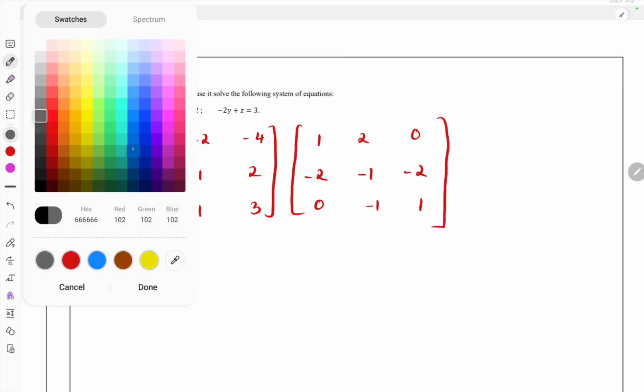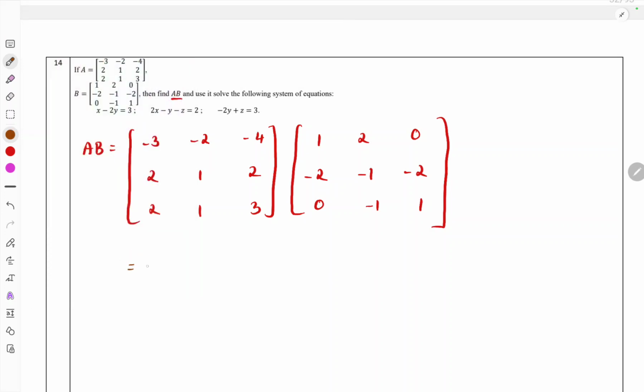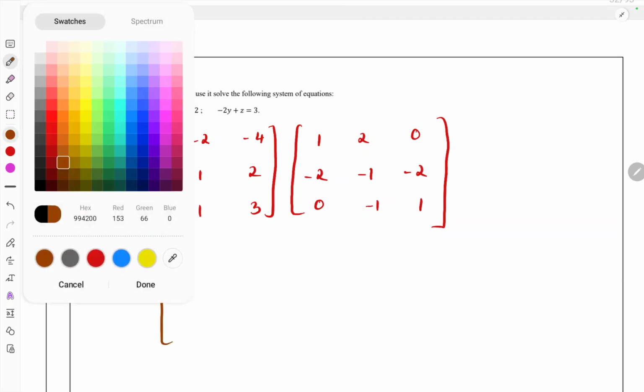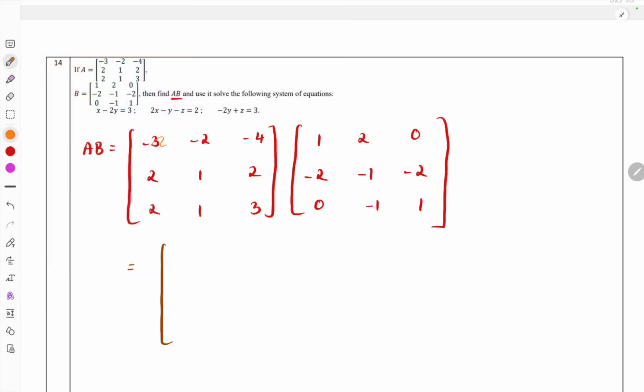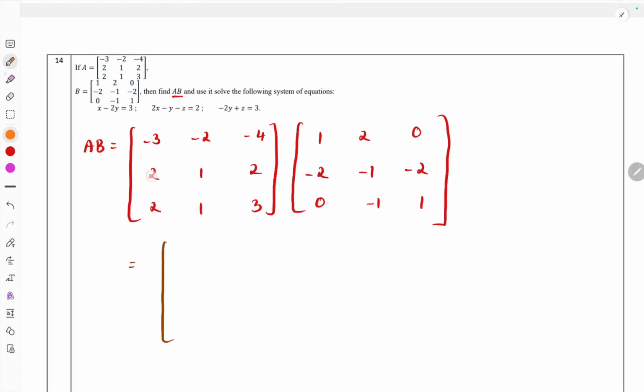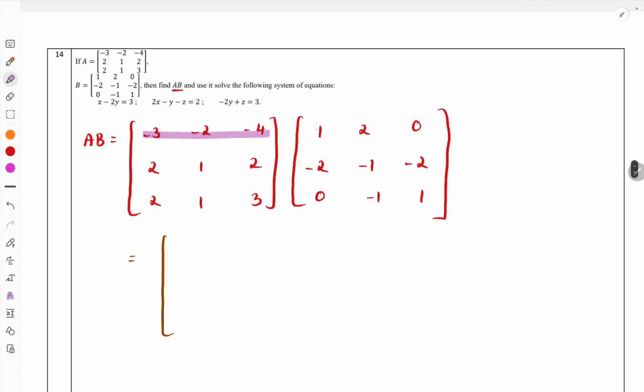So first row with first column. Minus 3 into 1 is minus 3, minus 2 into minus 2, so it will be plus 4, minus 4 into 0 is 0 only.